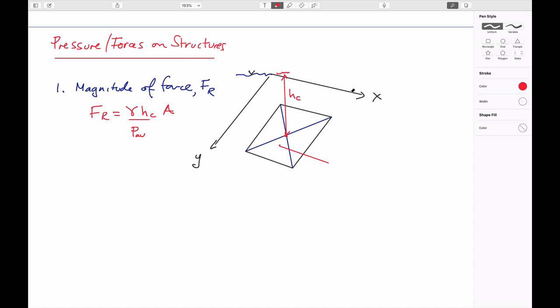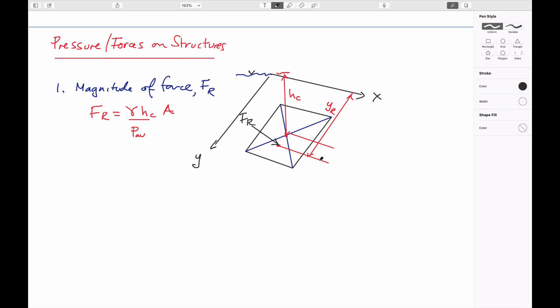And so the center of pressure, if I draw this out here, acts at an in-plane location equal to what we've called y sub r. And in this case, that point would be here. The magnitude of the pressure force which is acting would be F sub r, which we've just calculated.